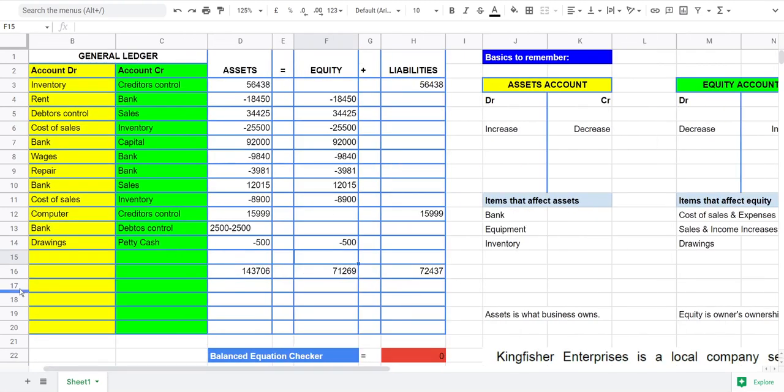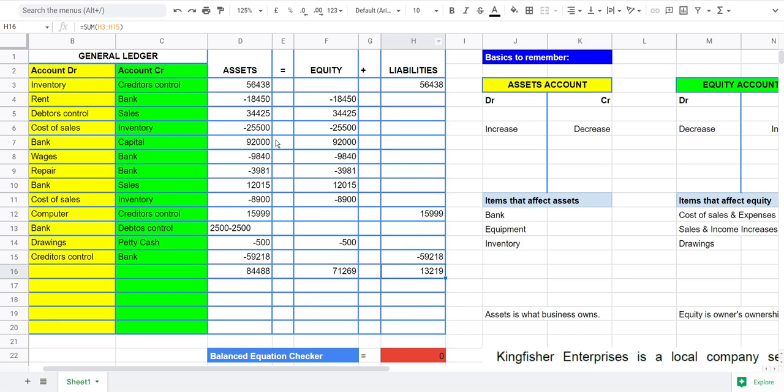So you'll have creditors control there decreasing, and then the bank there decreasing by how much? 59,218. So you'll have there minus 59,218 assets decreasing, and also liabilities minus 59,218.